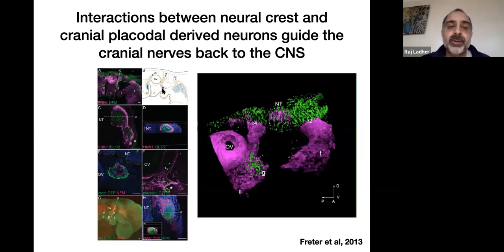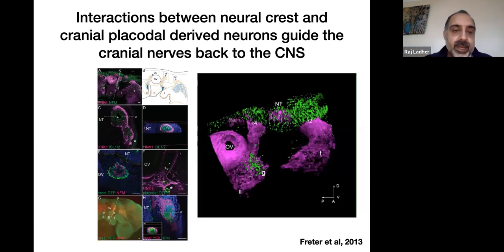The placodal neurons, as they form, will use these crest streams to migrate back into the brain. And how is this happening? It seems that the neural crest encapsulates these placodal derived neurons.